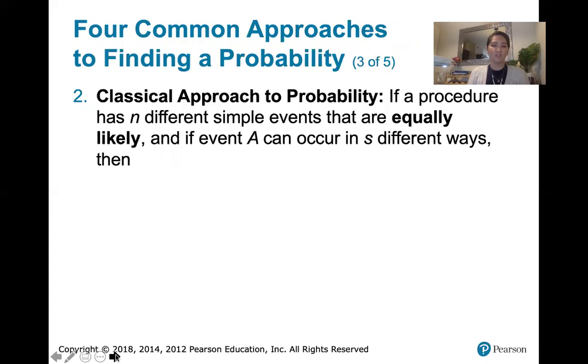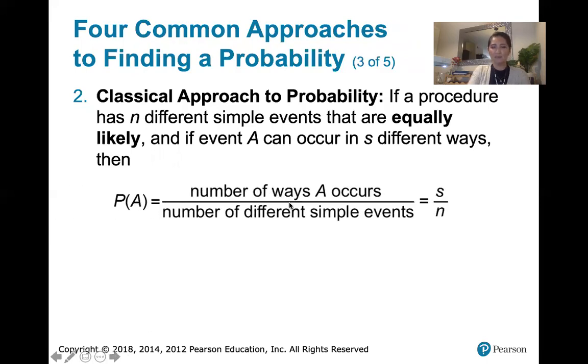If all of those are equally likely, and event A can occur in s of those n ways, then the probability is the number of ways that A can occur divided by the number of possible things that could happen. That is the definition of the classical probability of the event A occurring.